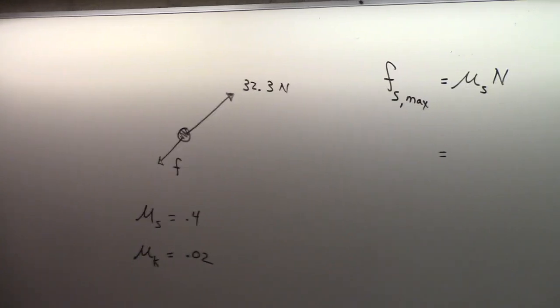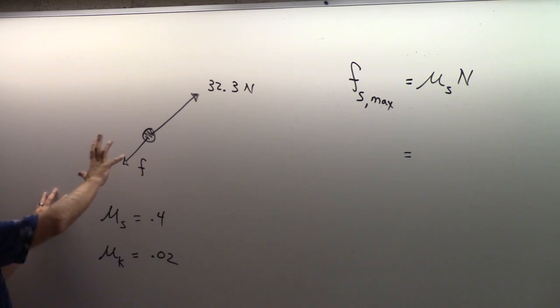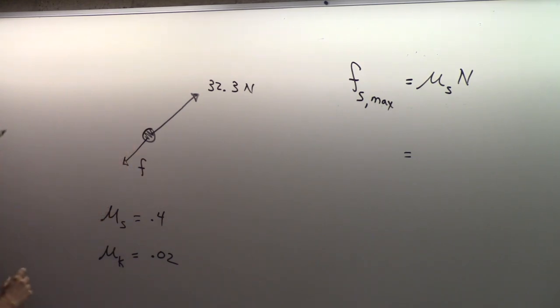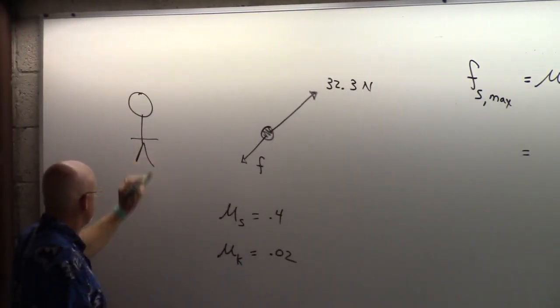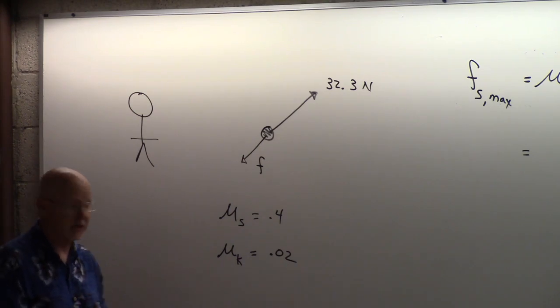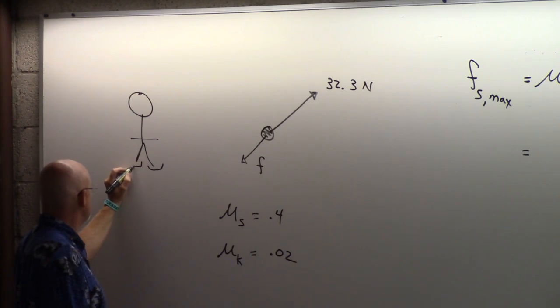Now, to get the normal force, maybe I better change my free body diagram from looking down to looking to the side. So again, I'm a terrible artist. So he'll be my ice skater. Here's the woman we're focused on. I'll even put some silly looking ice skates on her.